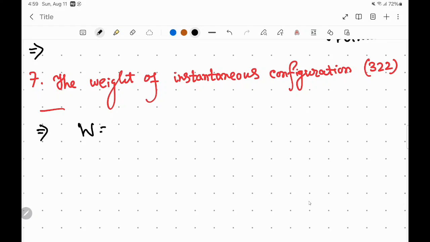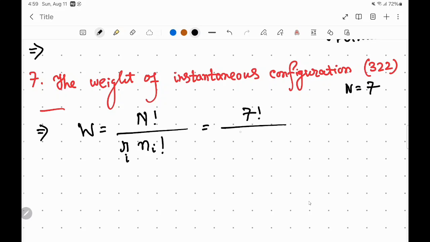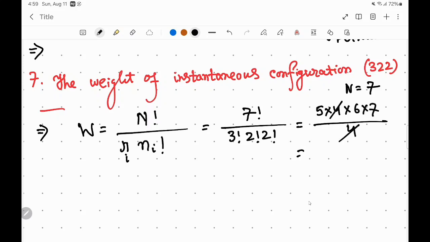What will be W? It is n factorial divided by n1 factorial, n2 factorial, n3 factorial. What is n? 3 plus 2 plus 2, which is 7. So 7 factorial by 3 factorial, 2 factorial, 2 factorial. That is 7 times 6 times 5 times 4 by 4, so 30 into 7, 210.